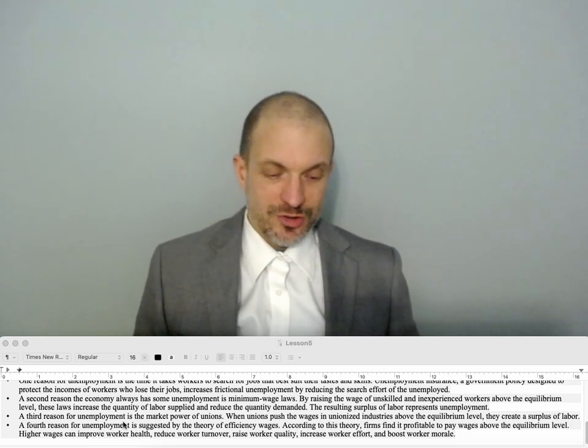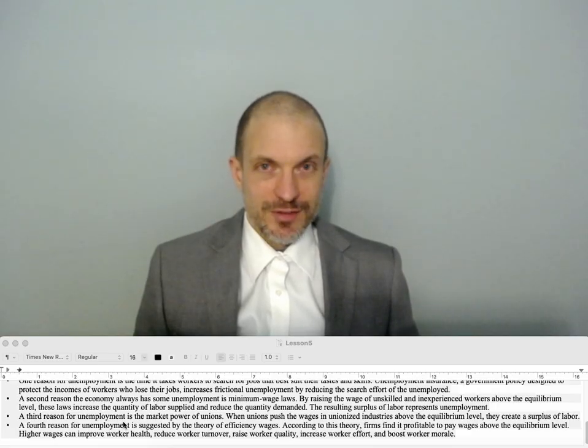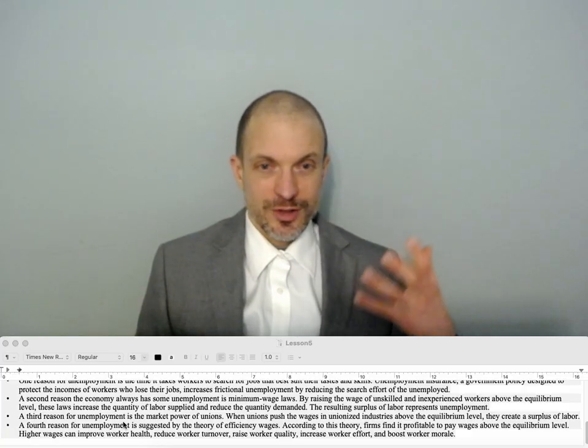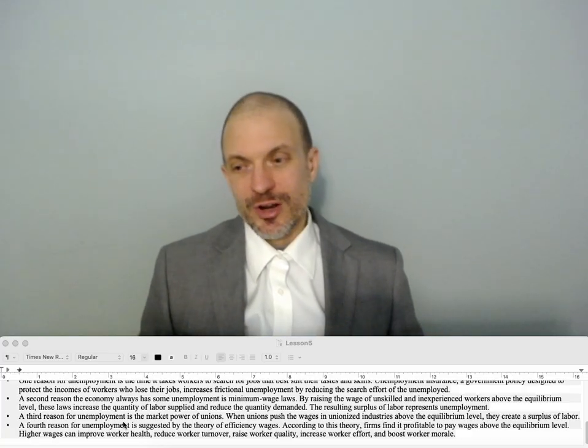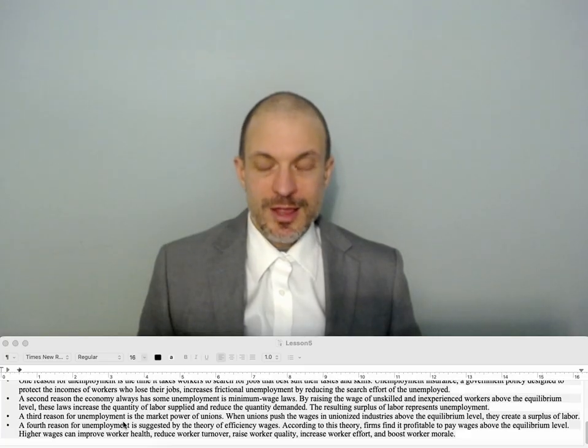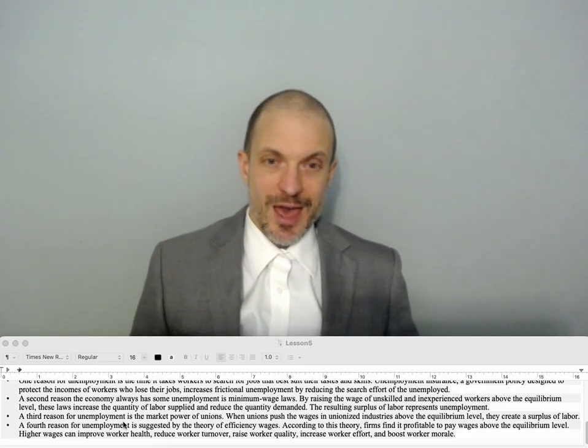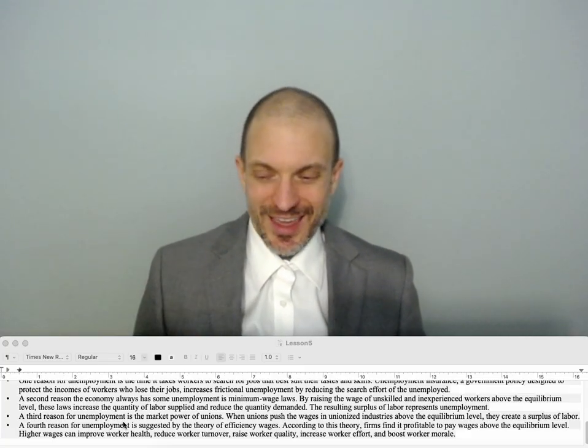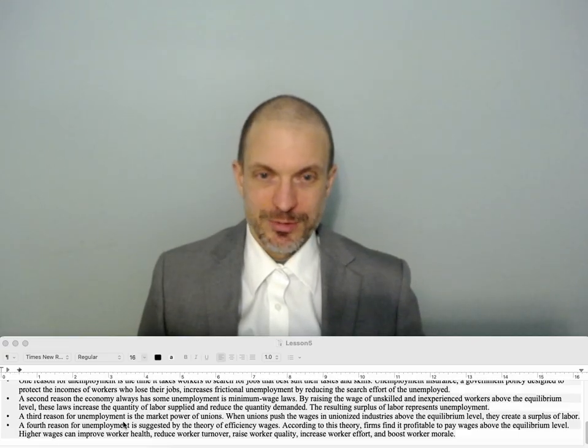And at that point, just by definition, the quantity of labor demanded is going to be smaller than the quantity of labor supplied. Right? So there's more people offering their services than firms that are willing to hire them at that price. And so then you have a mismatch, you have a surplus, and that labor surplus is called unemployment.